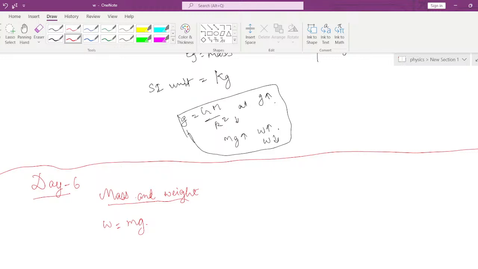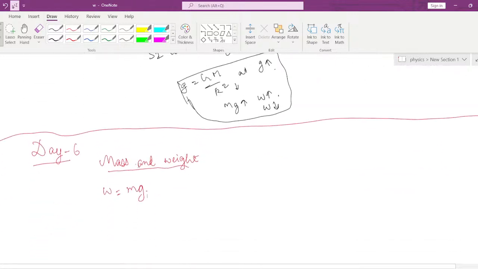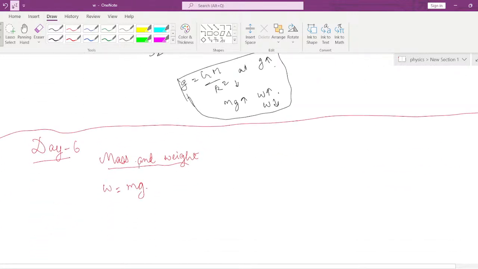The total quantity of matter present in an object is called mass. We have already discussed those things. Further moving on, we have the variation of weight due to change in acceleration due to gravity.